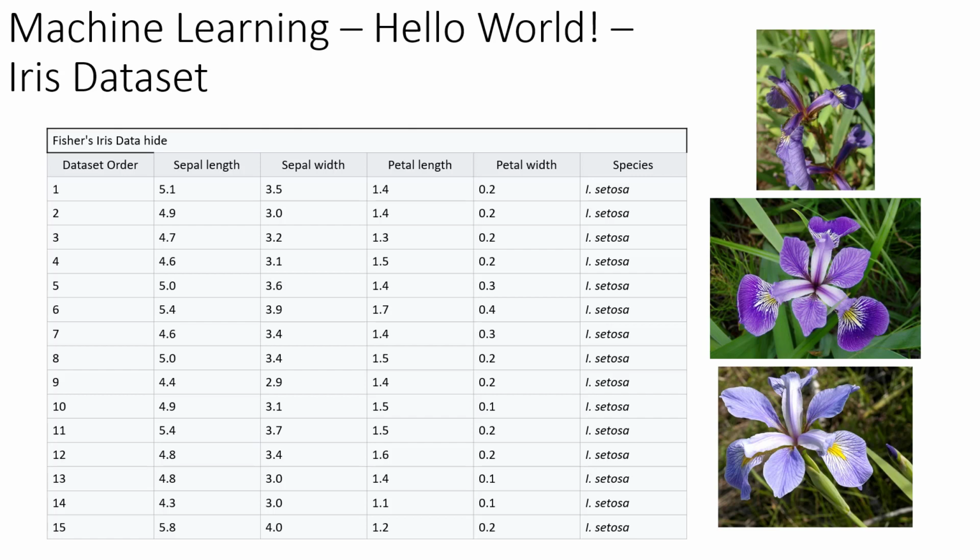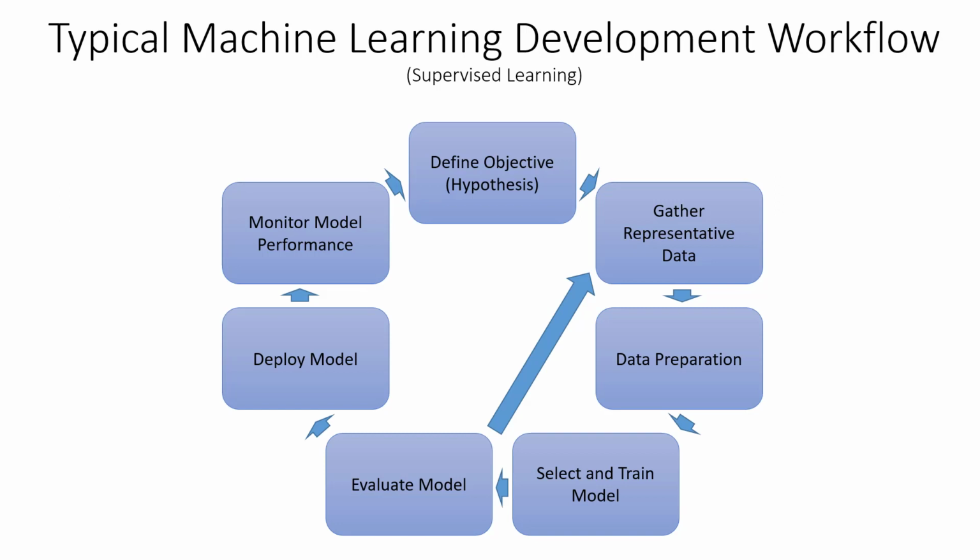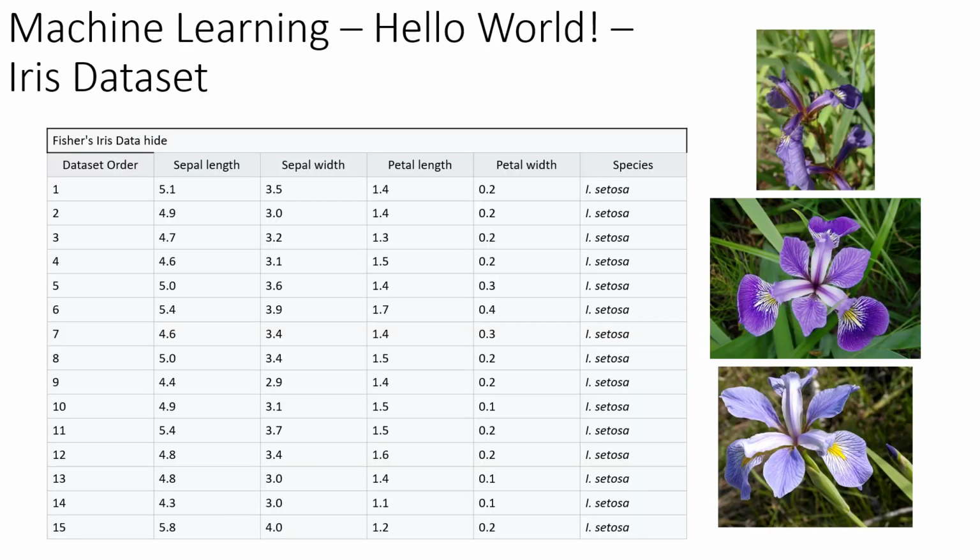Now, in order to do this, we're going to have to get familiar with how we work with data, because remember, gathering representative data and preparation is necessary before we start selecting and training a model. So that's why I wanted to give you some exposure to this data, and then we are going to jump right in, and we're going to have to learn some things in Python about data: how you load it, how you manipulate it, how you work with it before we actually go through and complete the Iris dataset.